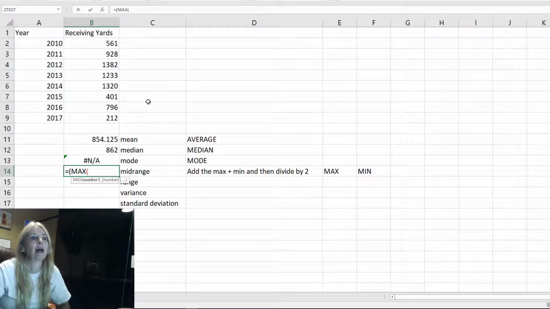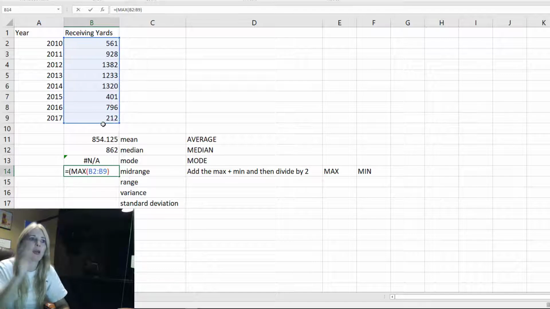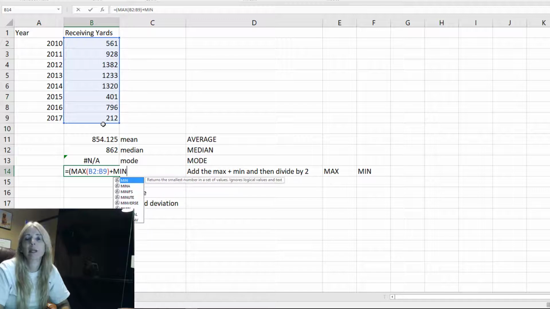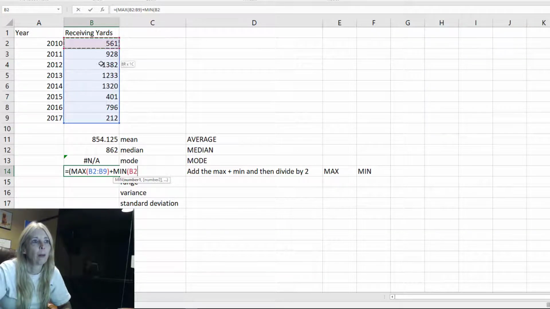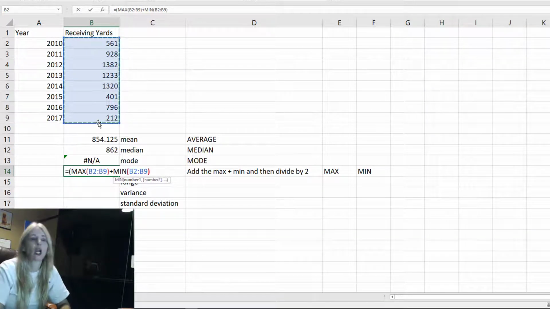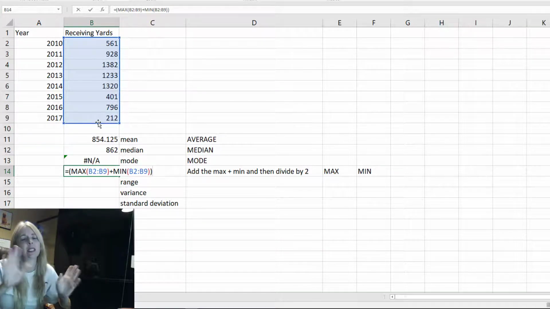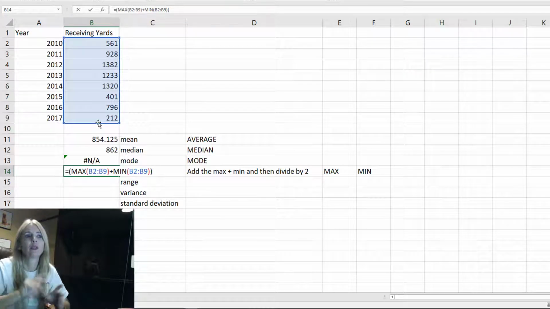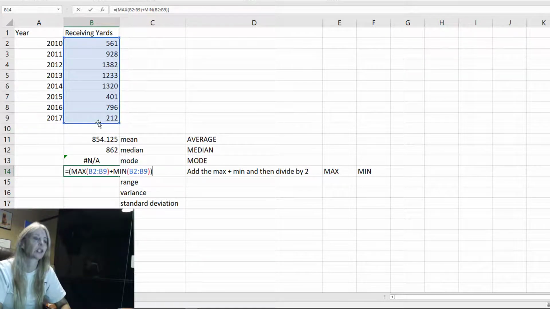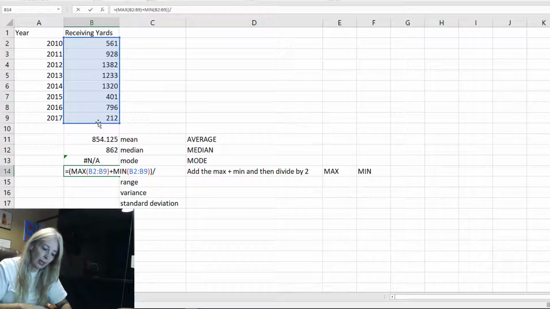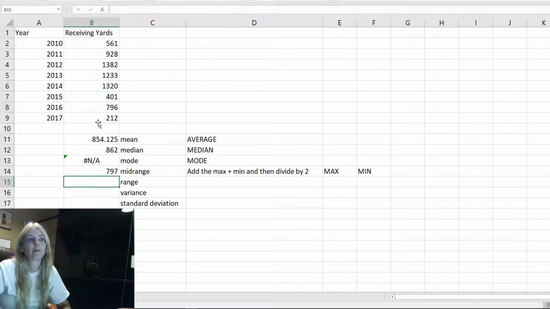Max, put my data, close my parentheses. That gives me the max value, plus the minimum value, open my parentheses, put my data, close the parentheses. Remember, please excuse my dear Aunt Sally, do the parentheses first. Then it divides by 2, and there's the mid-range.